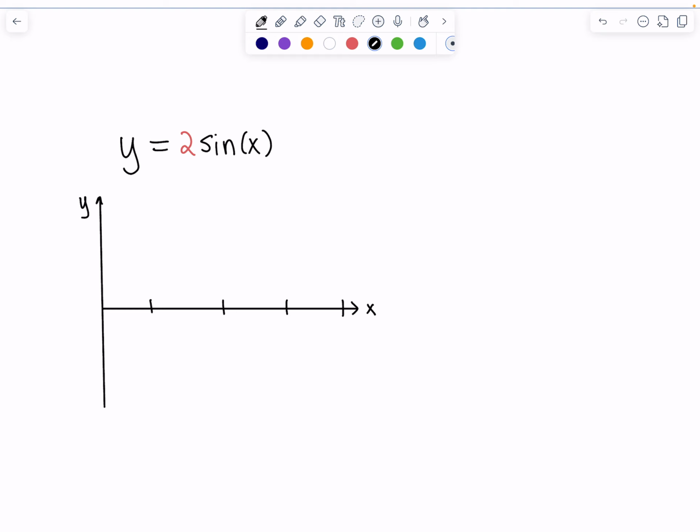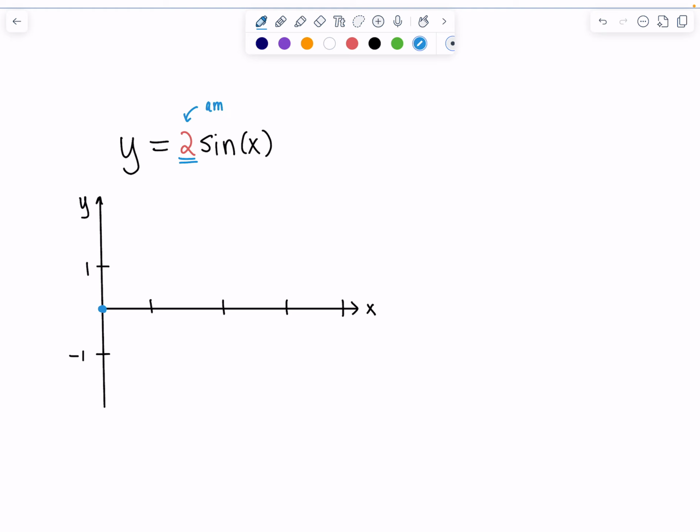And just think about it for a minute. Before we were going up to 1 and down to -1. Okay, so if you're thinking, what's going to change about sine? Well, it's still going to start at the middle, but now where is its max? So what this is doing is it's changing the height.